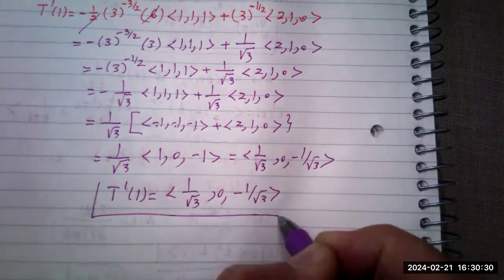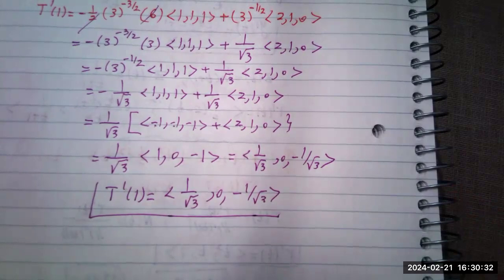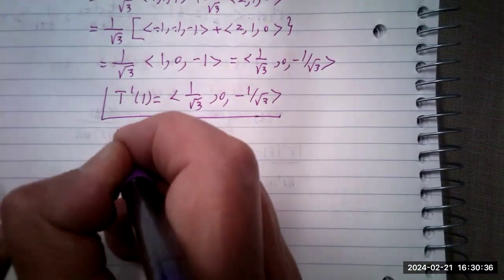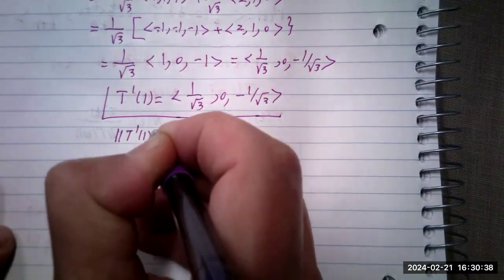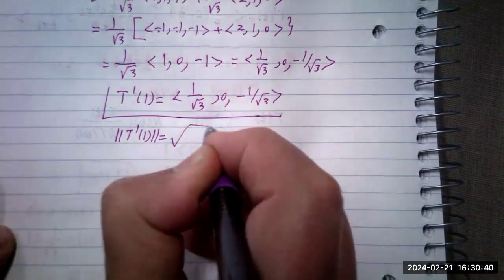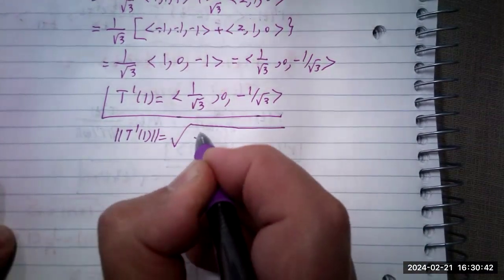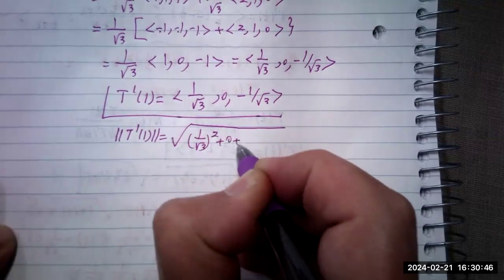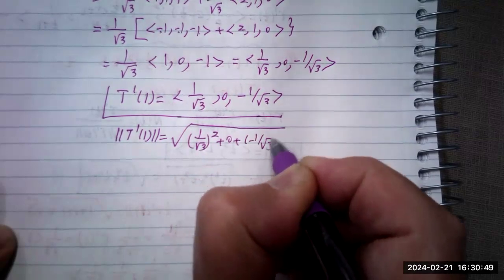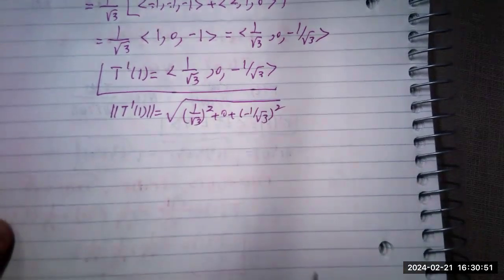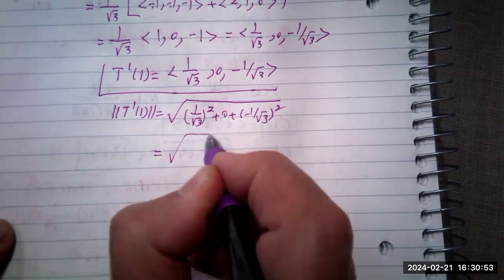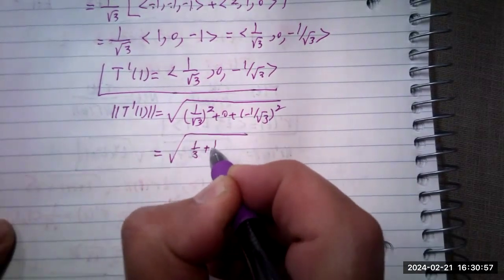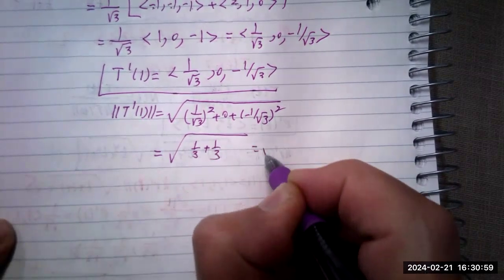So I have to normalize it to get the unit vector. I need the norm. So the norm of T prime of 1 is going to be the square root of the squares of these: 1 over radical 3 squared, plus 0, plus negative 1 over radical 3 squared. You square this one, you get a third and a third. So that gives you 2/3.